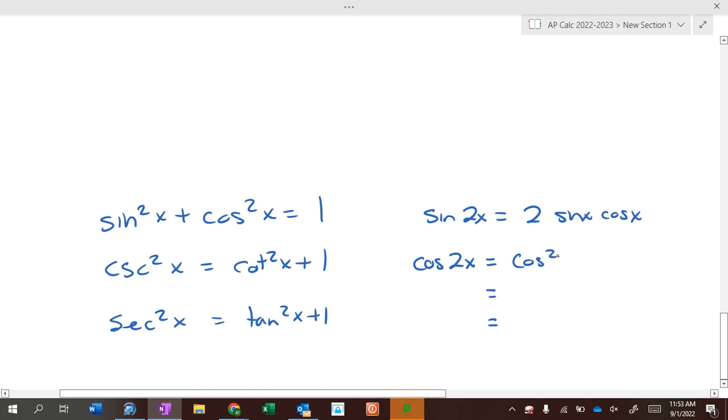There's cosine squared of x minus sine squared of x. There's 2 cosine squared of x minus 1. And there's 1 minus 2 sine squared of x.